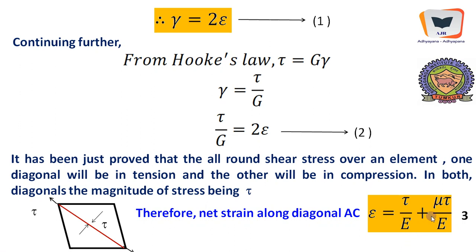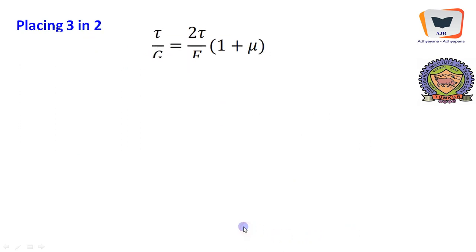Therefore, tau by E plus mu times tau by E. This is exclusively due to the tau acting perpendicularly all over the length of this particular diagonal. Therefore, the net strain experienced by diagonal AC is the primary strain due to axial stress in the diagonal plus the secondary strain or the side effect or the Poisson's effect.